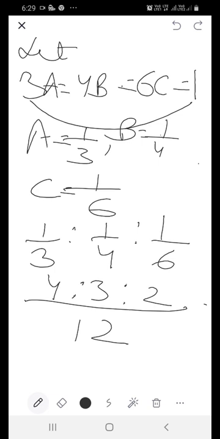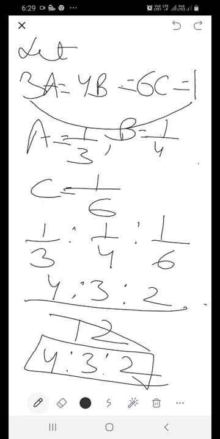In the language of ratios, 12 is a common term for all the given ratios, so you can cancel out this 12. So A is to B is to C will become 4 is to 3 is to 2. It is common for all, so it can be cancelled.